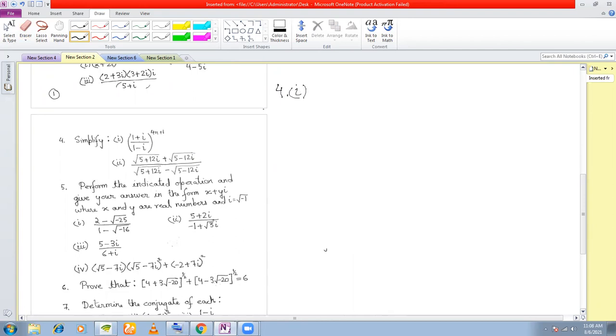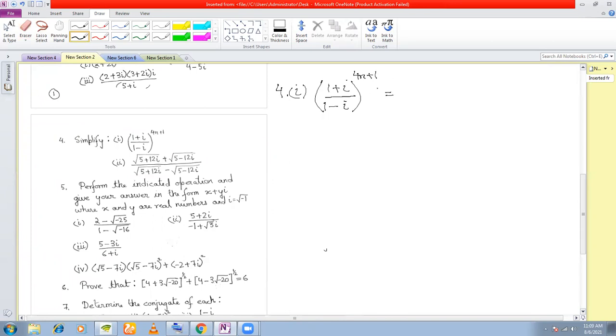Next question for part 1. Simplify. So how do you simplify this? 1 plus i divided by 1 minus i to the power of 4n plus 1, where n can be any positive integer or a negative integer also, or maybe 0 also, any integer.